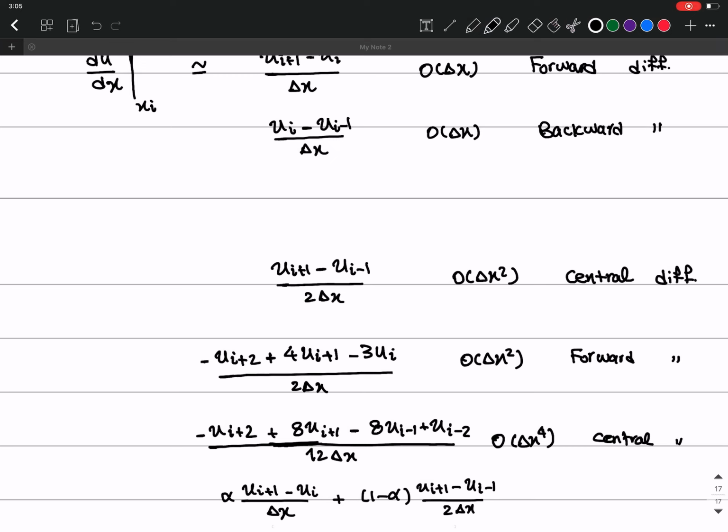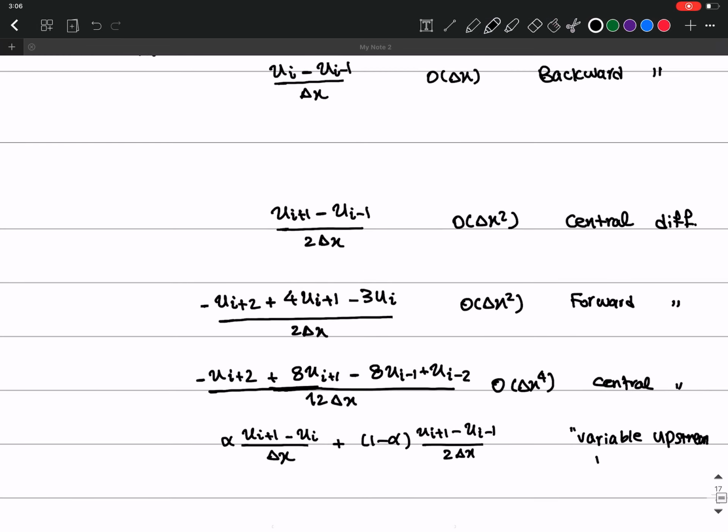Okay, and this is called the variable upstream weighting scheme.